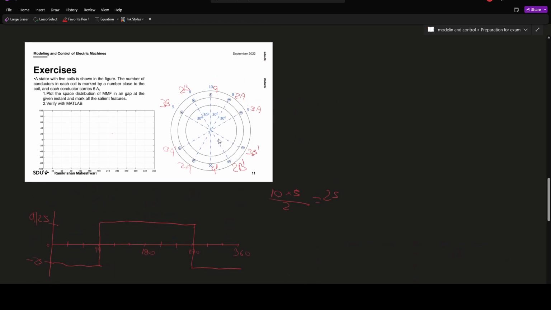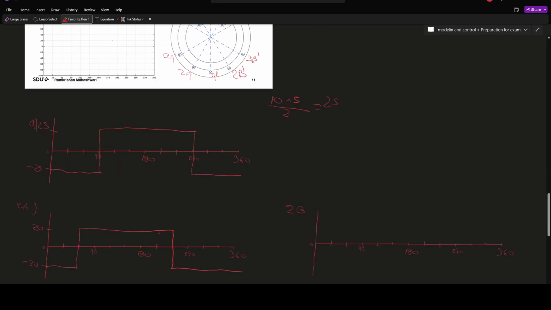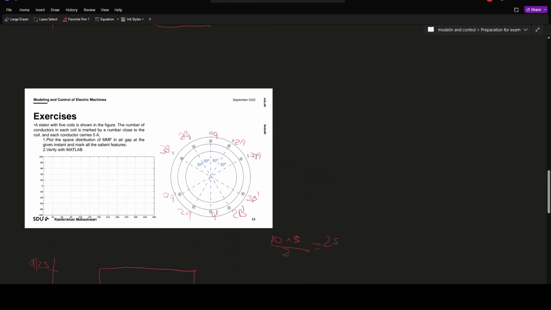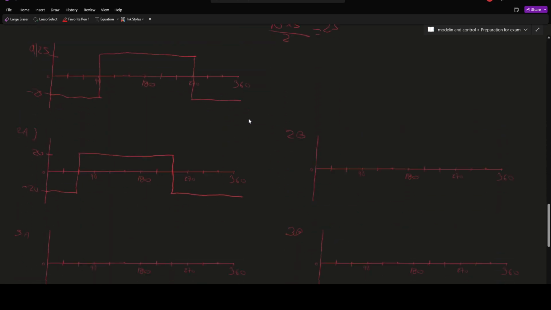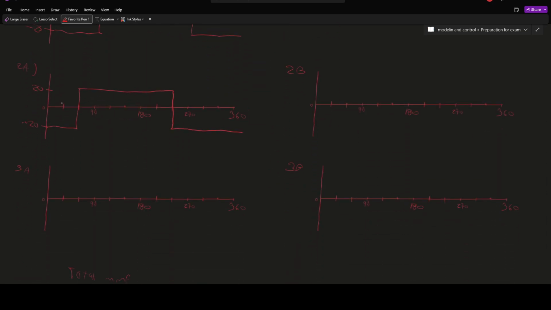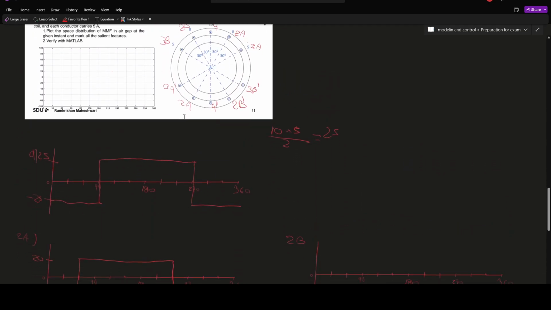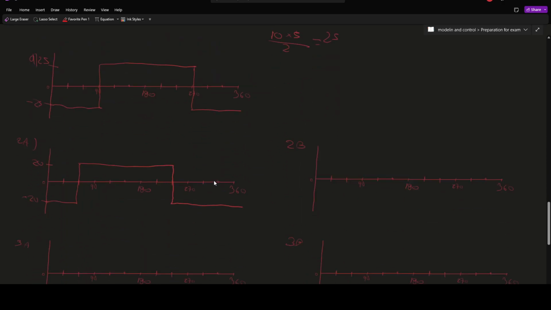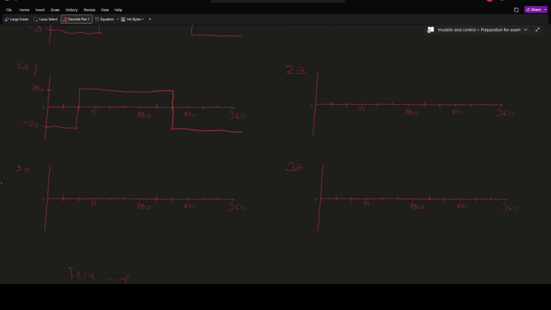If you notice here, this is 270, so 30 degrees behind. Similarly for coil 3, this is gonna be 30 degrees behind this one, so it's gonna be negative, and the magnitude is 5, so 5 times 5 over 2, that's gonna give us 12.5 and minus 12.5 MMF.